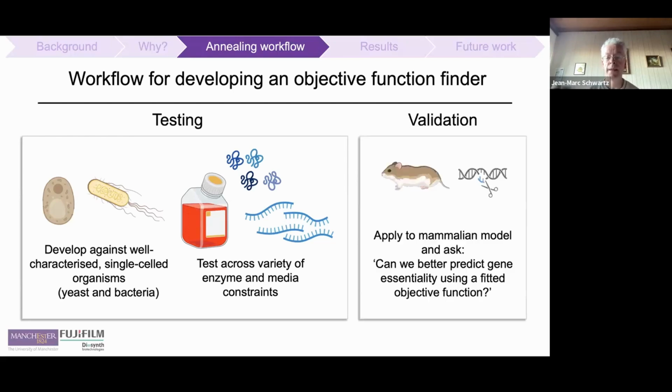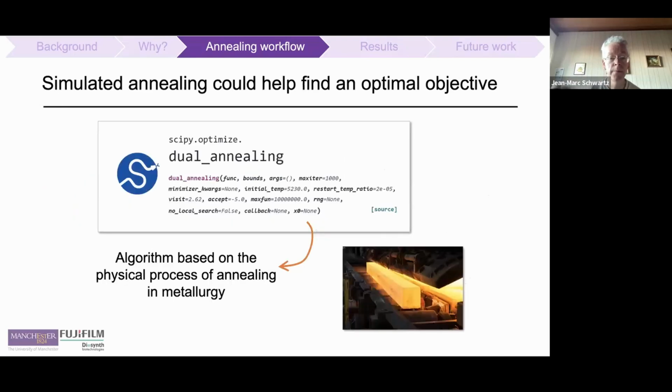And then in the end, we will apply it to mammalian cells and, as a validation, check whether we can better predict gene essentiality using this fitted, so this predicted, objective function rather than using an arbitrary objective function. So the algorithm itself is based on an algorithm called simulated annealing.